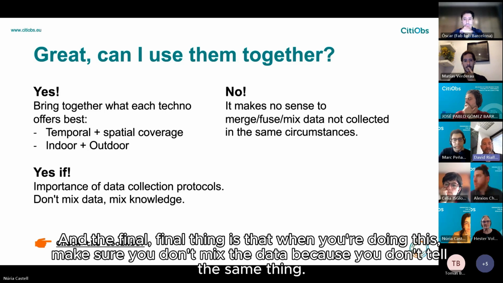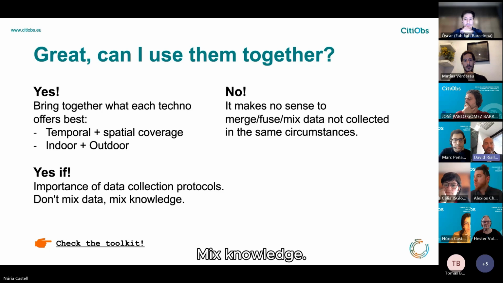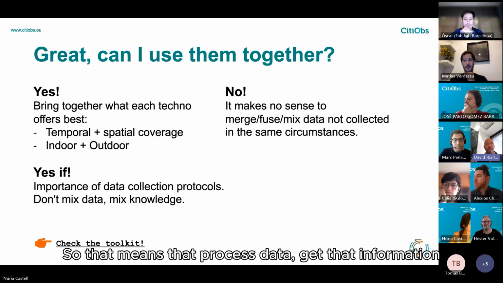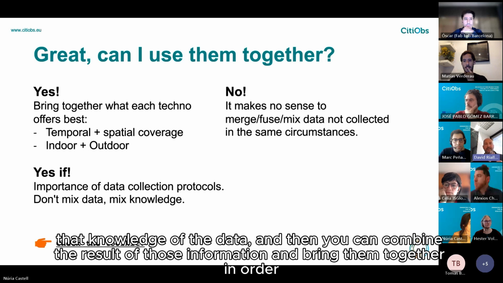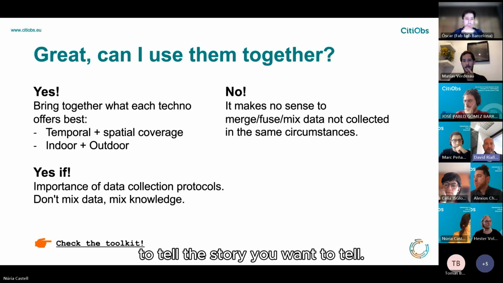And the final thing is, make sure you don't mix the data because they don't tell the same thing; mix knowledge. That means process the data, get the knowledge from the data, and then you can combine the results of that information and bring them together in order to tell the story you want to tell.